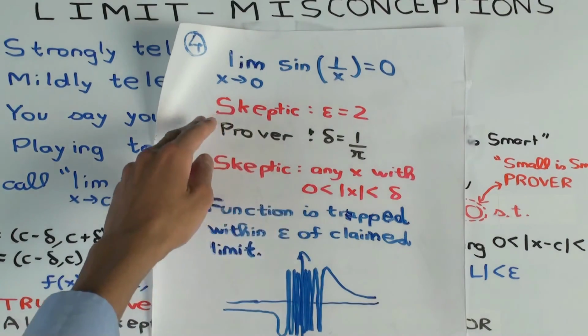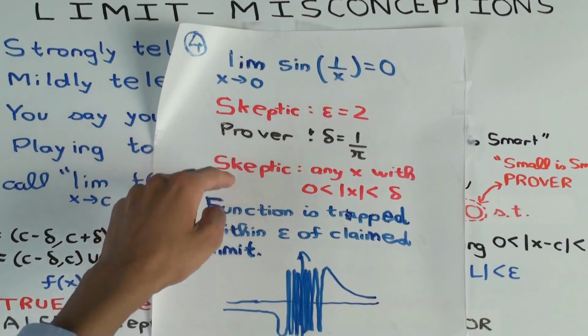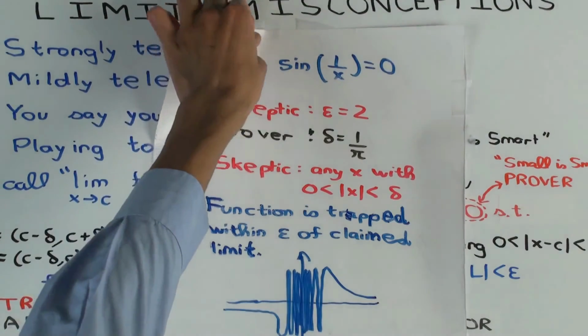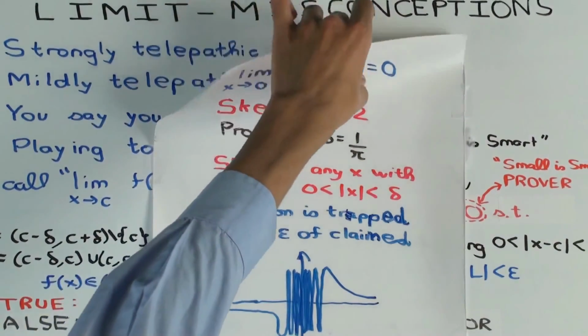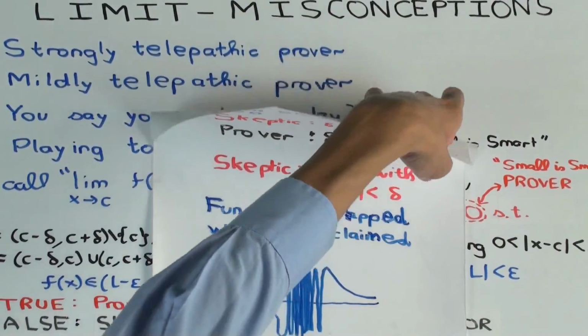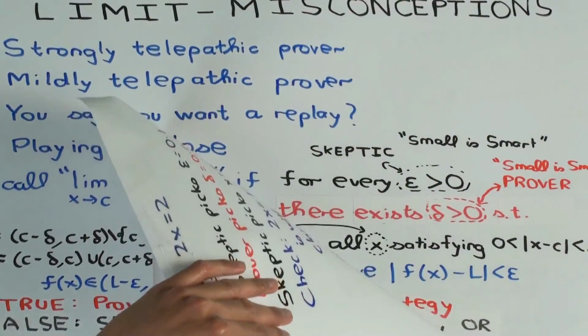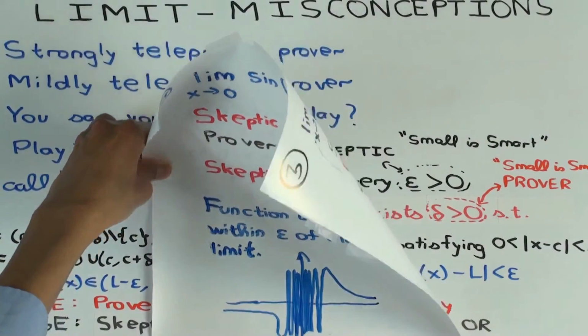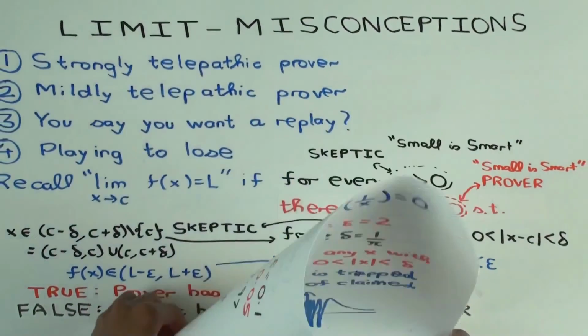So in fact, the reason why the prover could win the game from this point onward is that the skeptic made a stupid choice of epsilon. Okay. So in all these situations, all these misconceptions, the main problem is not keeping in mind the order in which the moves are made and how much information each player has at the stage where that move is being made.